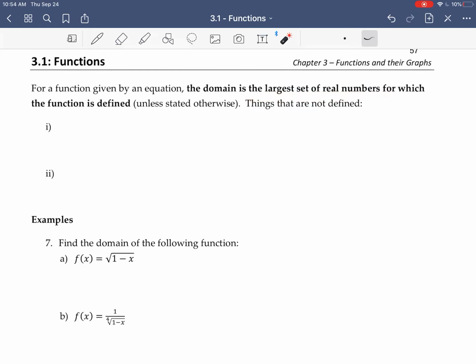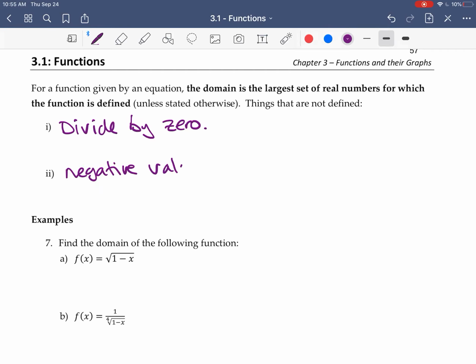So common things that are not defined that we often run into: divide by 0, so you want to watch for those, and negative values under even roots. So square roots, fourth roots, etcetera.